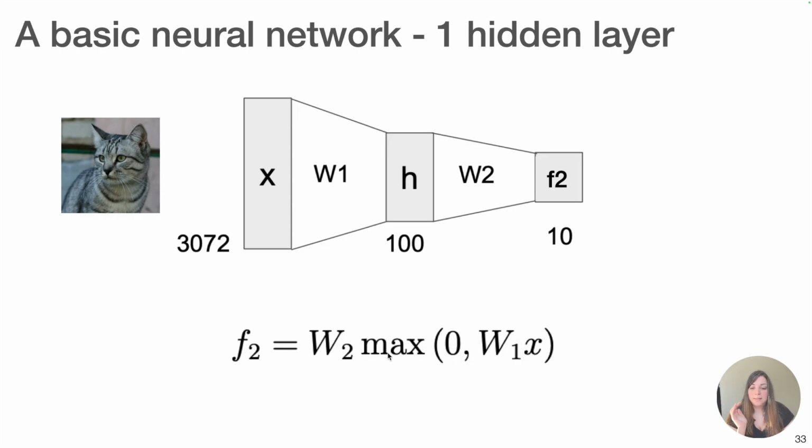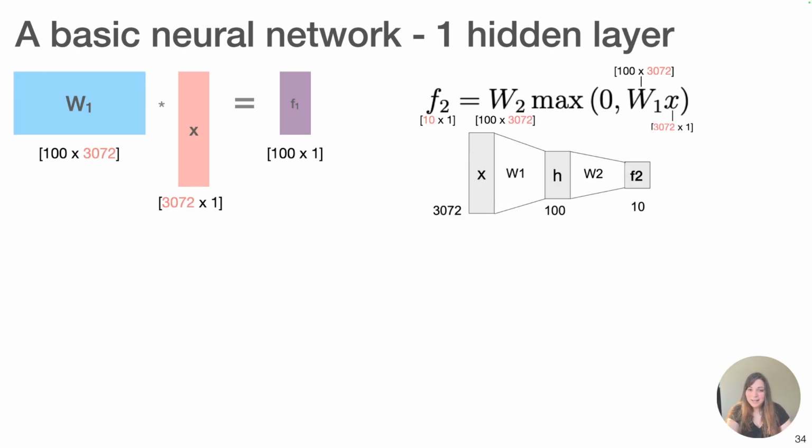So this is what this max is doing. It's just a very simple computation. And finally, we're going to multiply by W2, and we're going to get F2. And this is it. This is the computation that we're going to do. There's really nothing else to it. This is the simplest neural network, and it is a building block for making more complicated, more complex ones. And here we go into a lot more detail.